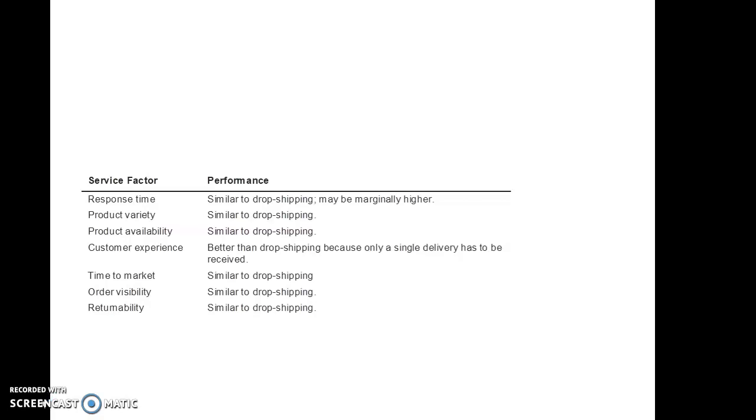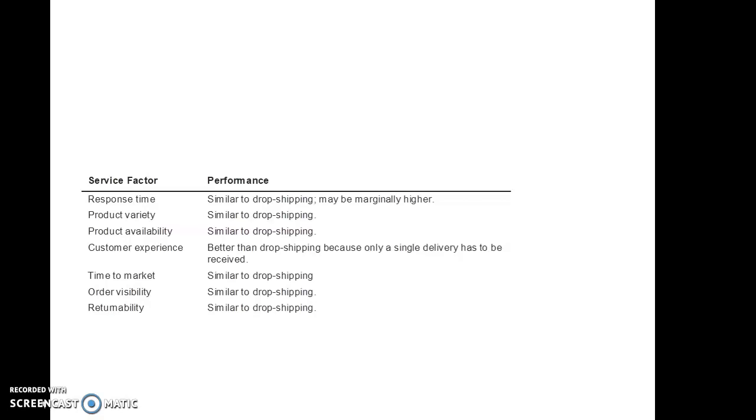Customer experience is better than the drop shipping method because in a single delivery the customer is able to get different kinds of products. The next service factor is time to market. It is very similar to the drop shipping method, that is, time to market is less. As and when the products are ready, the information may reach the customer and so the customer can place the order for the products.